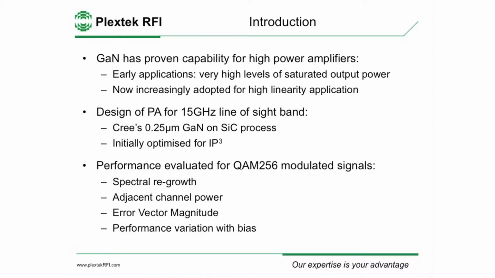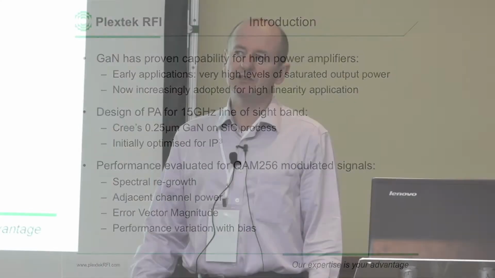And it is a more expensive technology than GaAs or silicon. And people would tend to bolt a gallium nitride booster on the output of an existing solid state PA, or sometimes they'd bolt a gallium nitride amplifier on the input of a TWT. And it was all about saturated power.